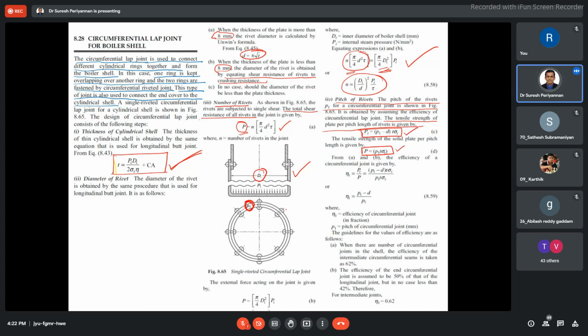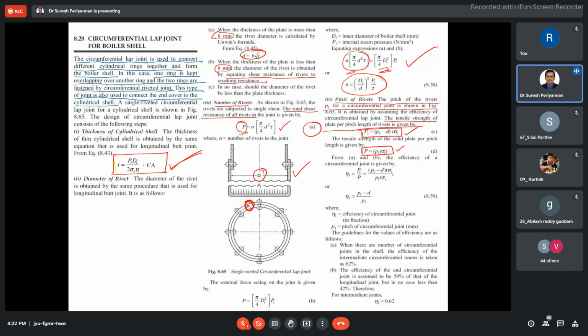Now, from equation A, where is equation A? Yeah, here. This is equation A. And A and B give the efficiency of the circumferential joint.